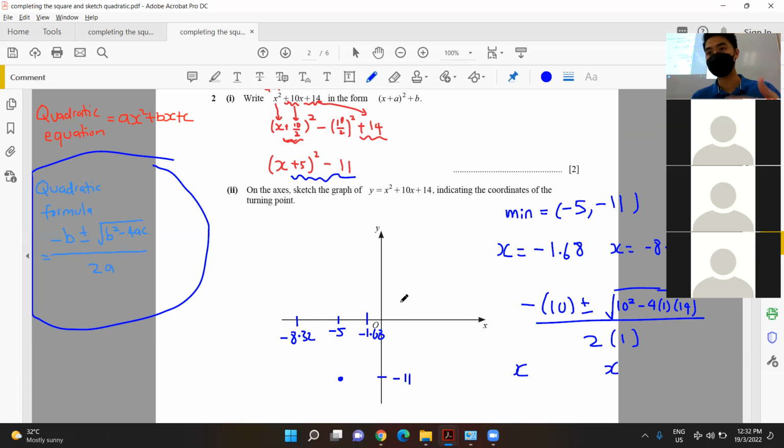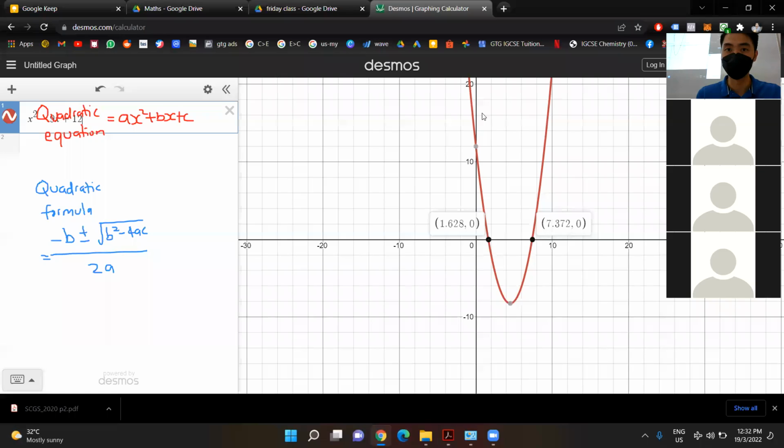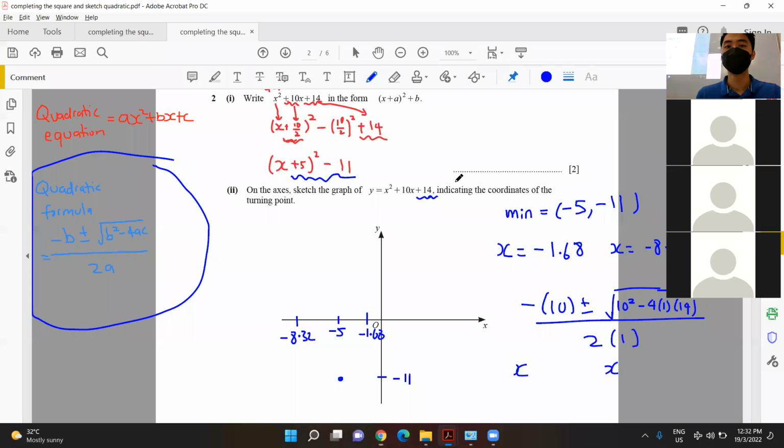So the last point that you need is the y-intercept. The y-intercept, which is the part here, guys, is basically 14 according to your quadratic equation. Now that you have everything, you can finally sketch the graph.